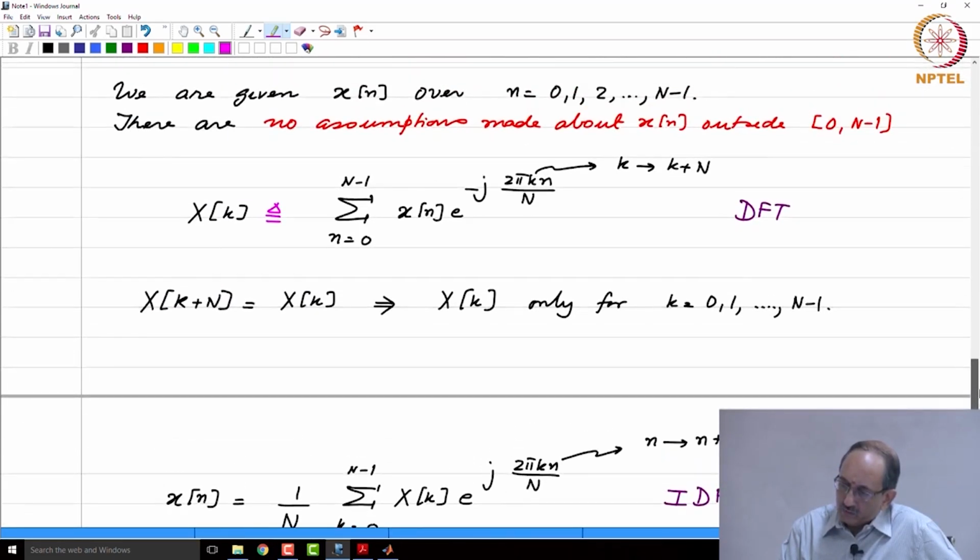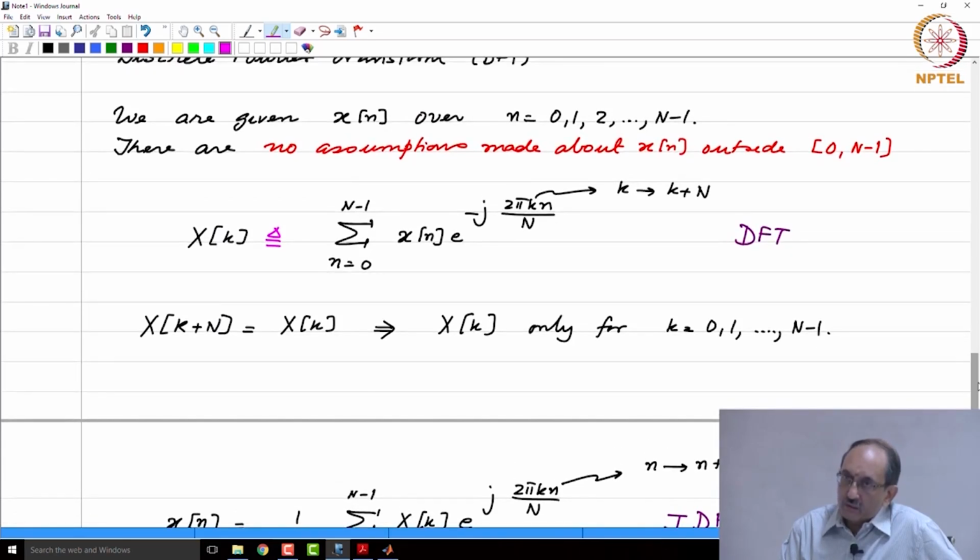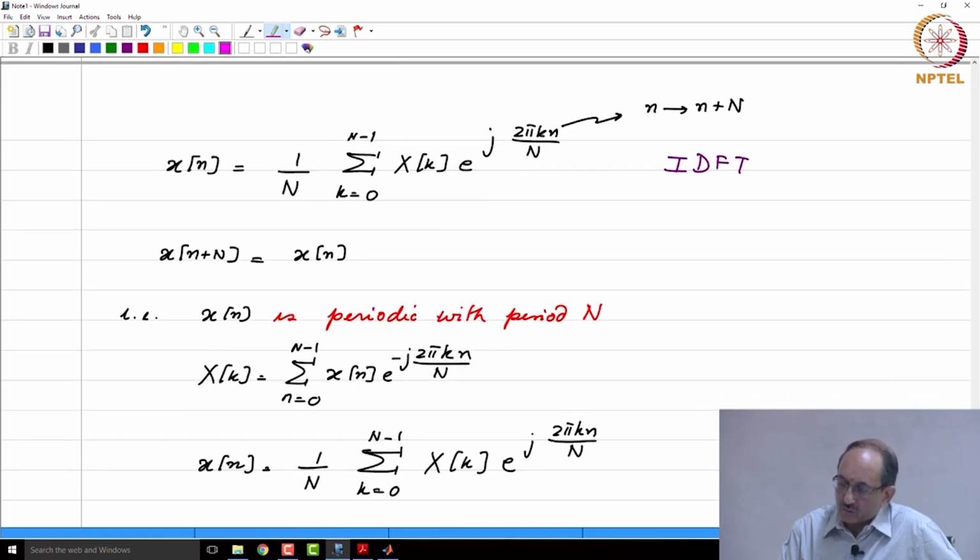So, one thing that is clear is, given a sequence which has N values, an N point sequence gives you a transform that is also N points.